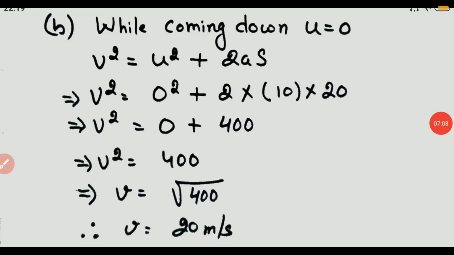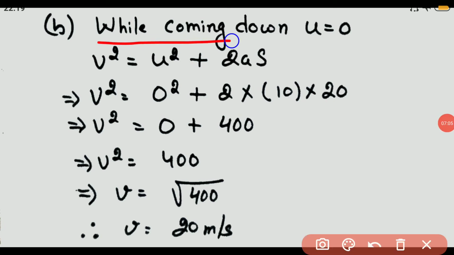In question number 11b, while coming down, my initial velocity is 0, right, because the upward motion's final velocity becomes the initial velocity of the downward motion. So using the formula v square equals u square plus 2as, I am supposed to calculate this final velocity. I will just replace the values.